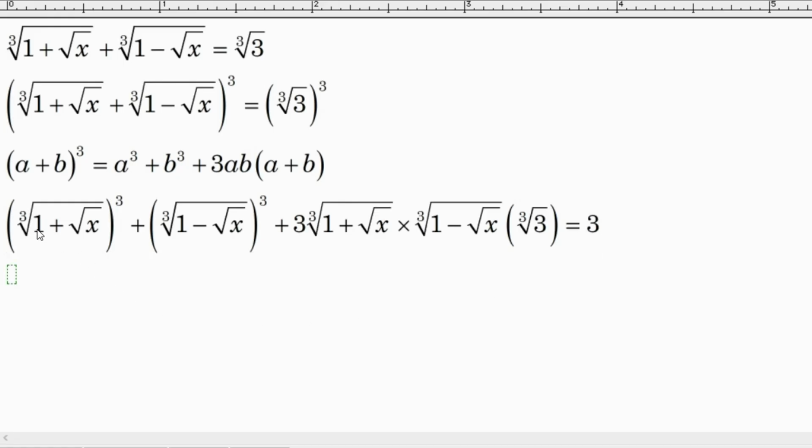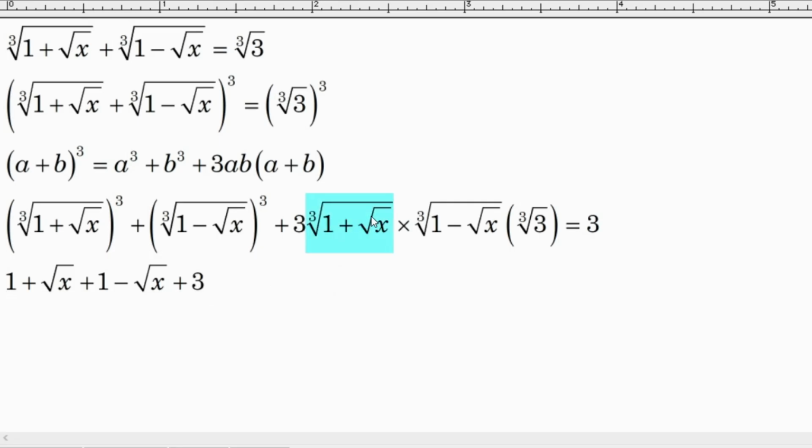Alright, so here we also simplify the cube with the cube root, so we will get 1 plus square root of x, and then plus, here we also simplify the cube with the cube root, so we will get 1 minus square root of x, and then plus 3.